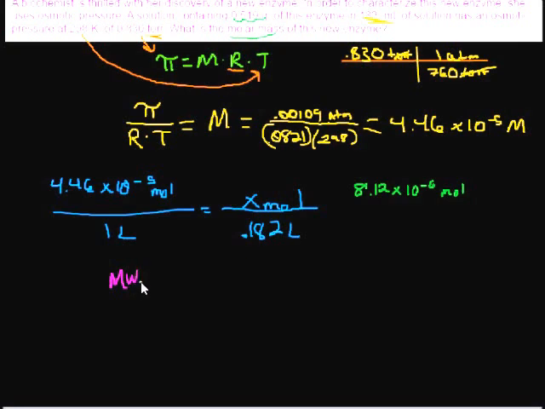Molecular weight, or mass, doesn't matter, is equivalent to grams per mole. That's the molecular weight. So, what do we do here? We have the moles, we have the grams. Basically, we just divide.